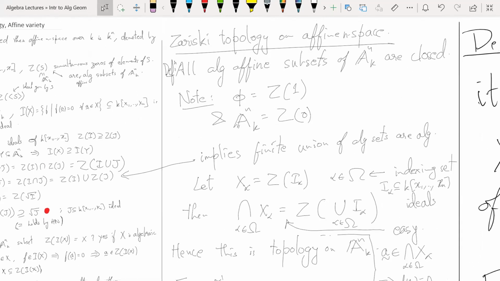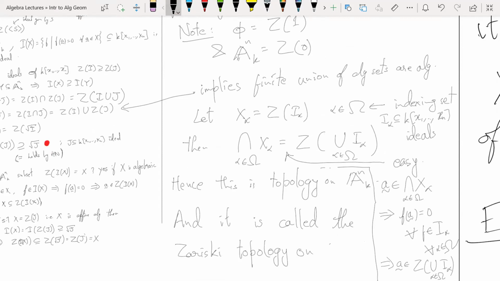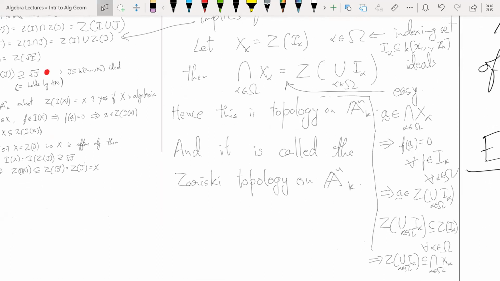That proves that this is a topology, and this is called the Zariski topology on A^n(K). It's quite different from the regular topology you have seen.